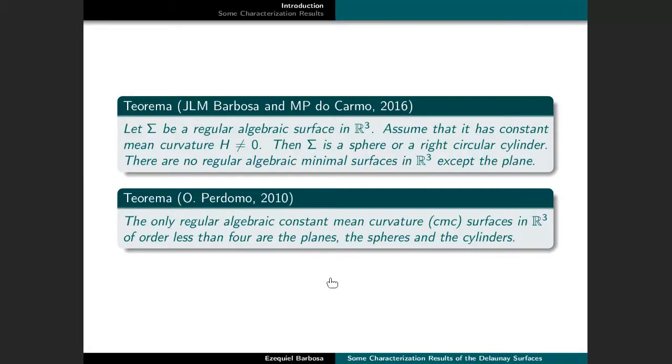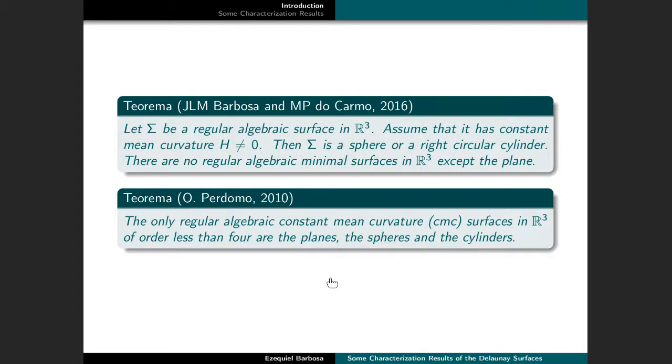A very interesting question that arises here is this: a sphere and a right cylinder, or planes as well, are level sets of polynomial functions. But you can also see those surfaces, for example, as level sets of homogeneous functions, or functions that are separable, of type separable variables.